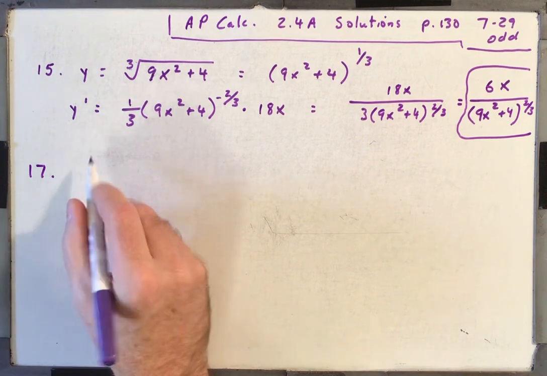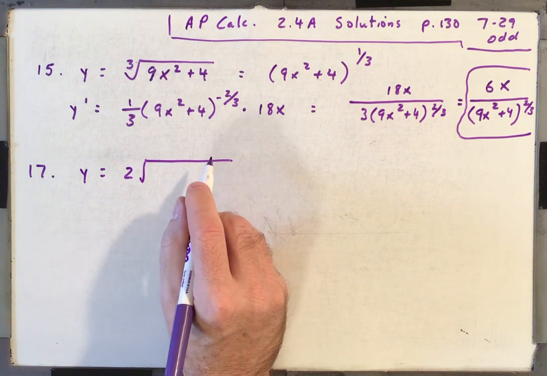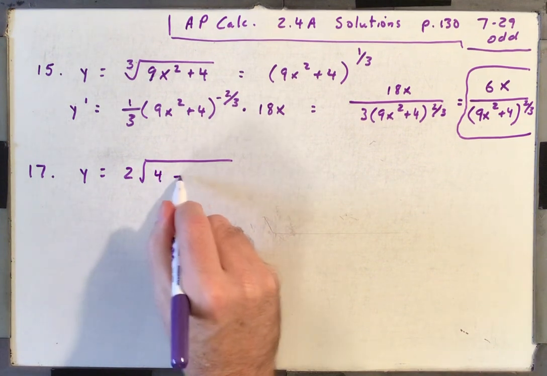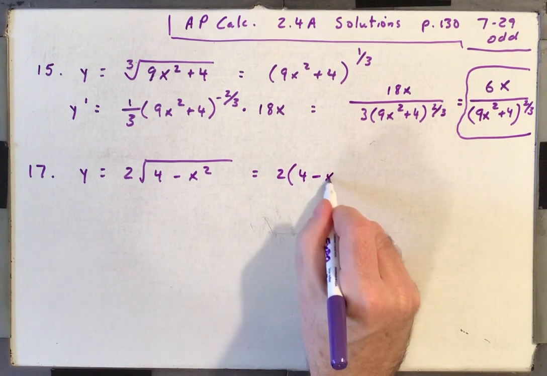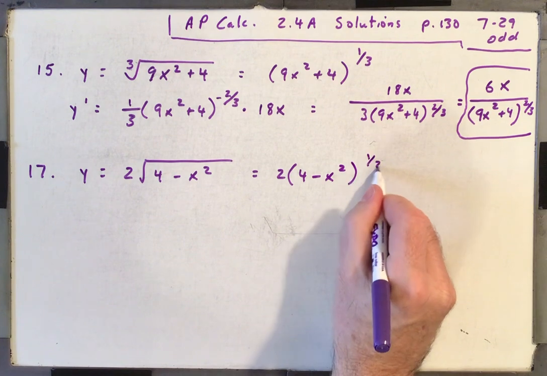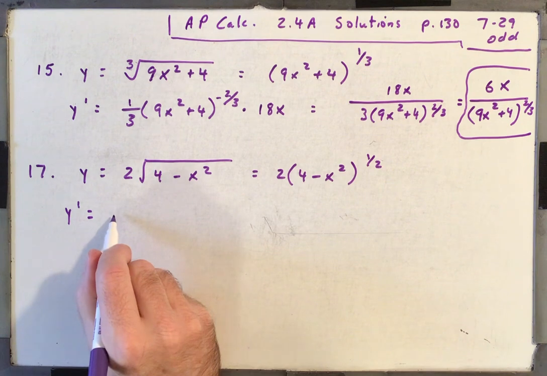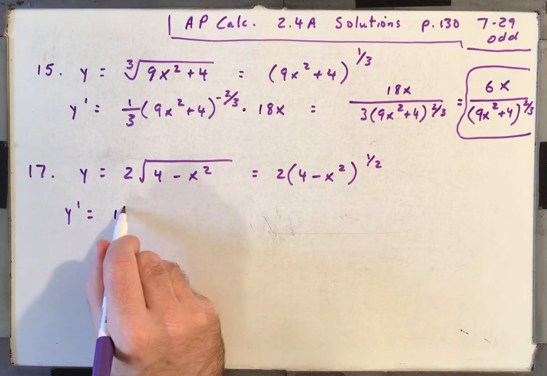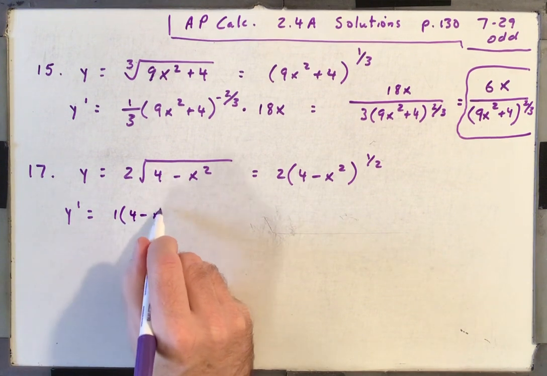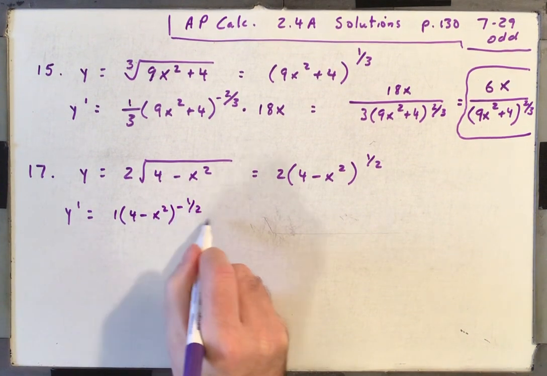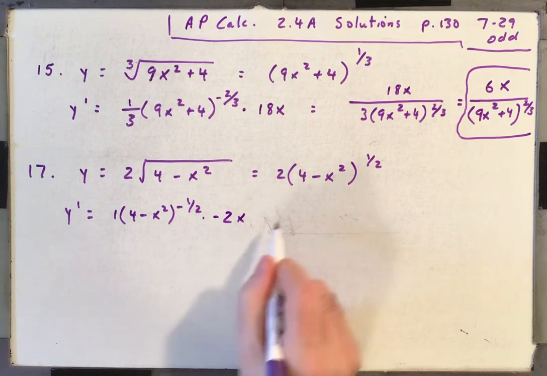We've got y is equal to 2 times the square root of 4 minus x squared. So that's the same thing as 2 times 4 minus x squared to the 1/2 power. So y prime, 1/2 times 2 is just 1, times 4 minus x squared to the negative 1/2 power, times the derivative of the blob, that'd be negative 2x.